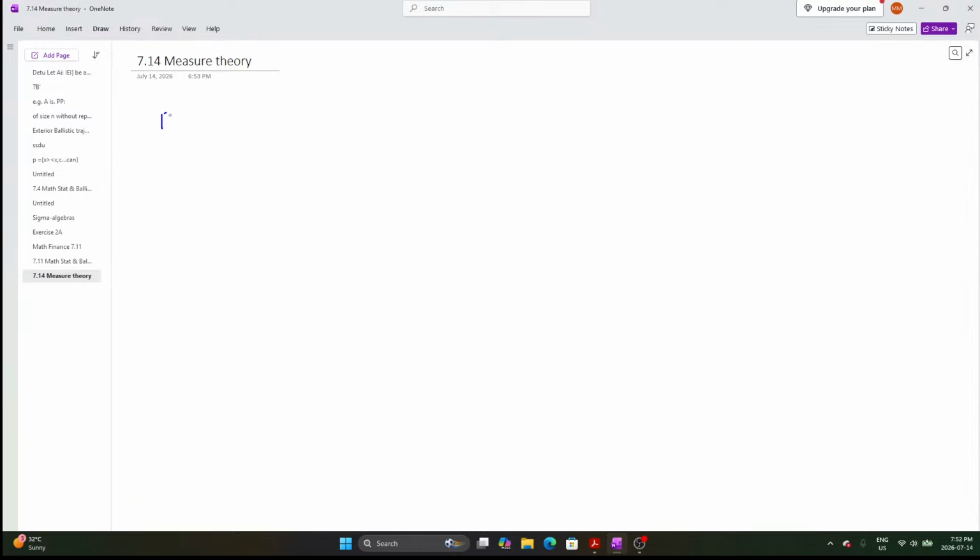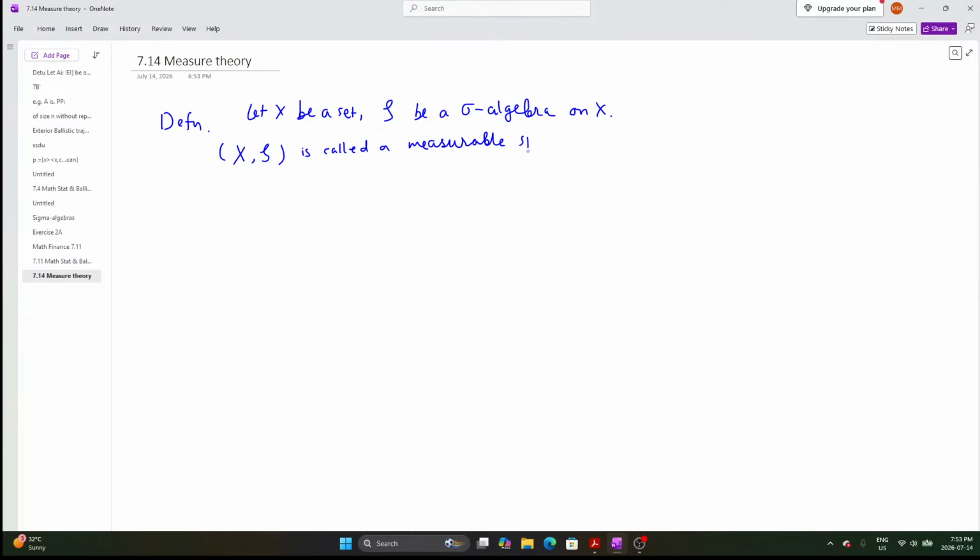Definition. Let X be a set, and let script S be a sigma algebra on X. The ordered pair (X, S) together is called a measurable space, and not a measure space, which will be introduced later.